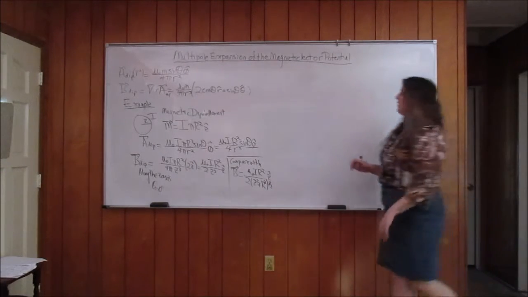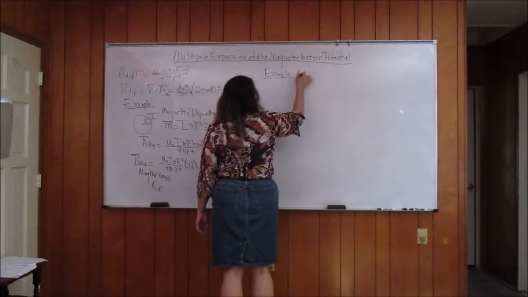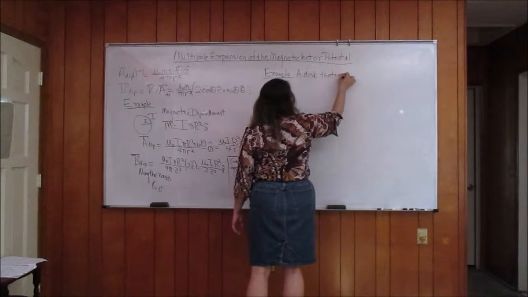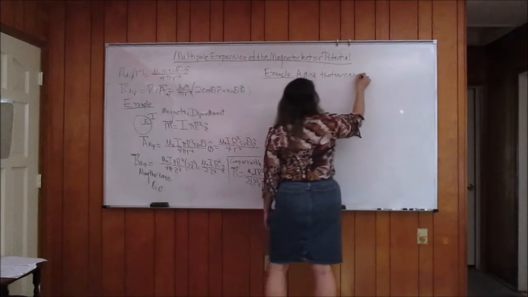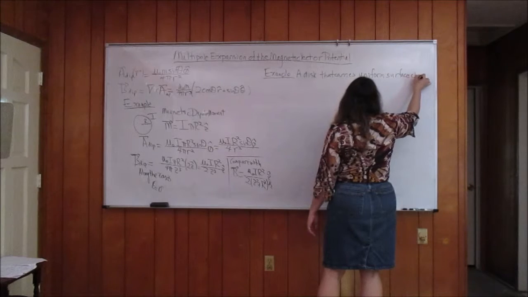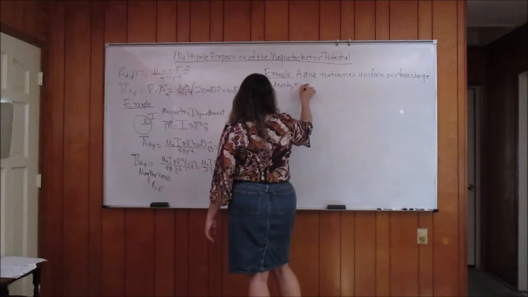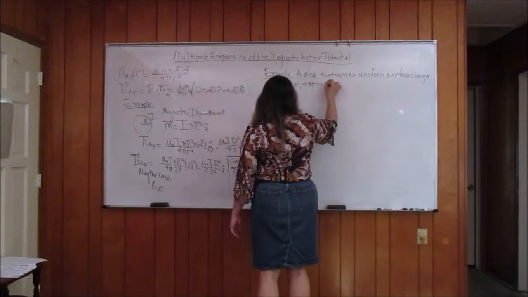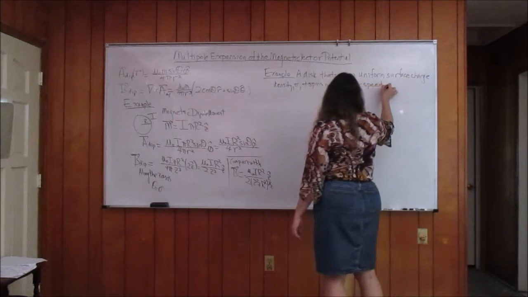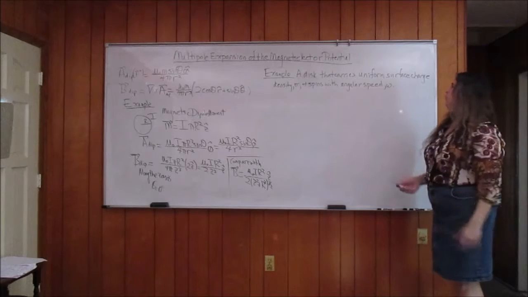Let's look at another example. Let's say that you have a disk. And that disk carries uniform surface charge density sigma, and it spins with angular speed omega.